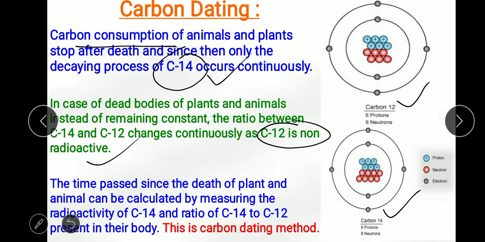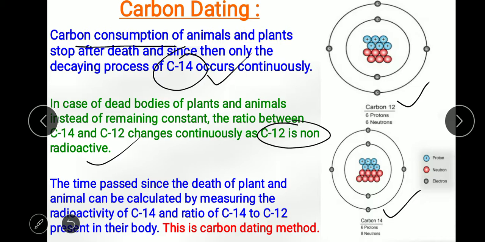Since C14 is radioactive, it reduces continuously. The amount of C14 reduces continuously, and the ratio of C12 to C14 changes continuously. So when we study the ratio of C12 to C14, we can find out the age of the fossil fuel, how old it is and for how long it has been in the earth crust.